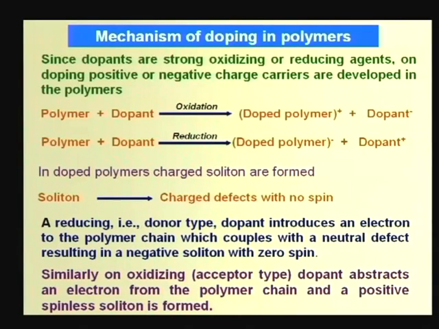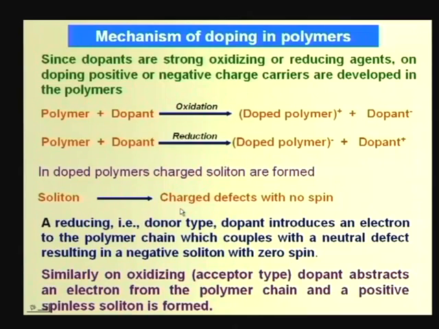Now, we look at the mechanism of doping of polymers. Since dopants are strong oxidizing or reducing agents, on doping positive or negative charge carriers are developed in the polymer. Polymer dopant oxidation. So, the doped polymer will be positive or negative, and the dopant gives accordingly negative or positive. In doped polymers, charged solitons are formed. What is a soliton?